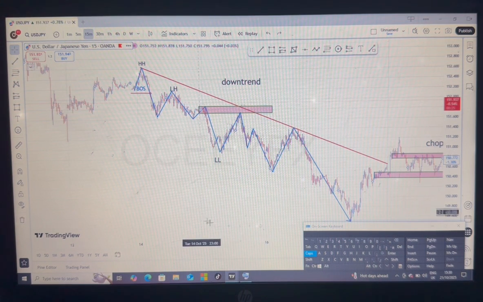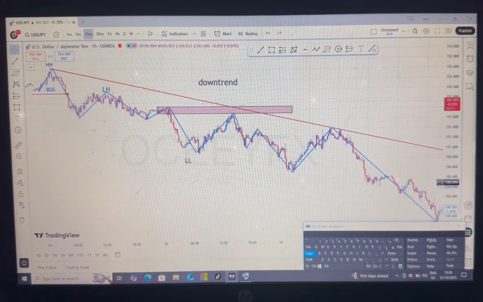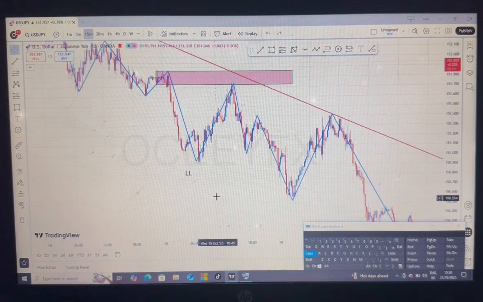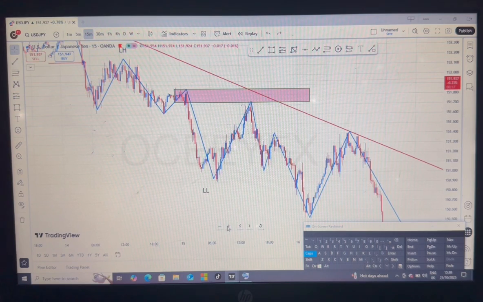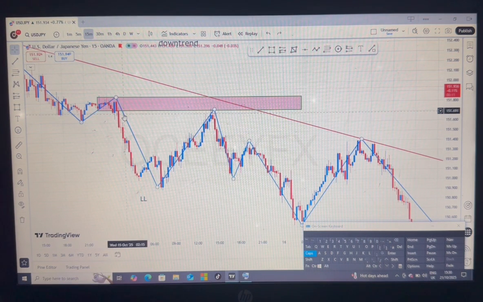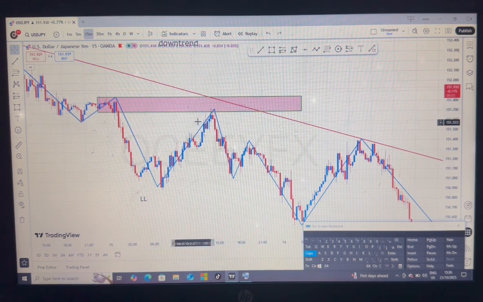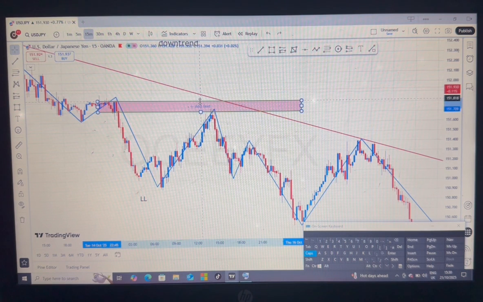When price hits there, let me expand it to show you. See, it's a supply zone. After price hit the supply zone, it sold downwards.